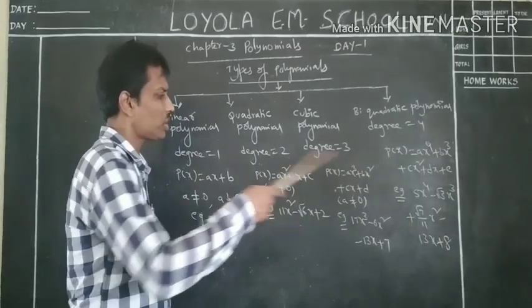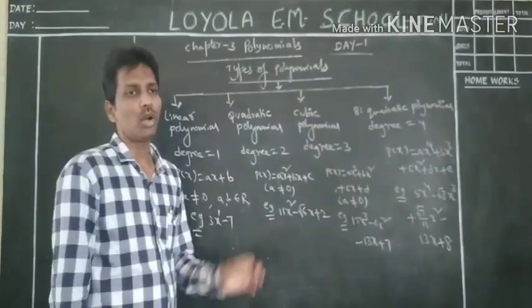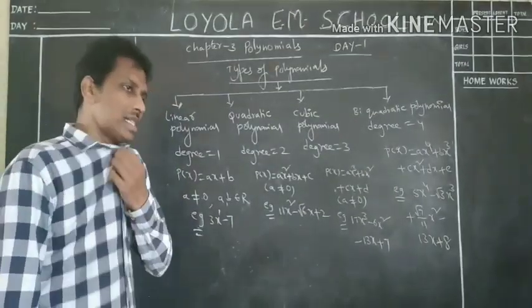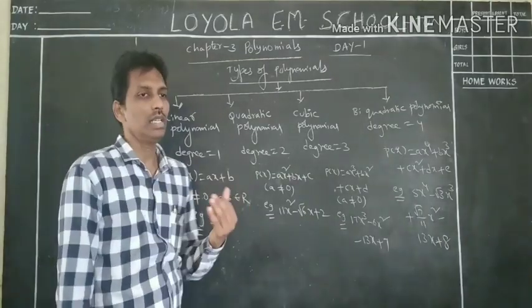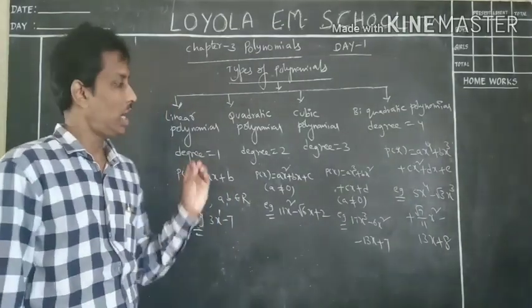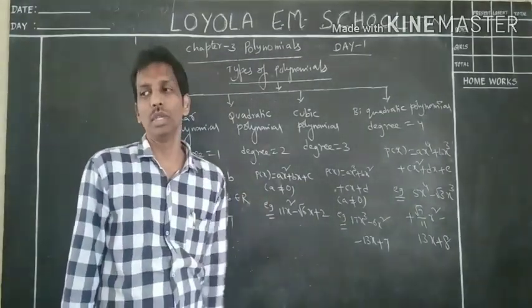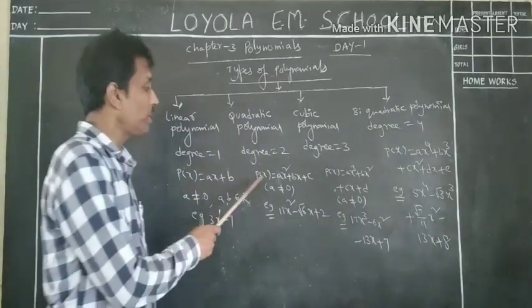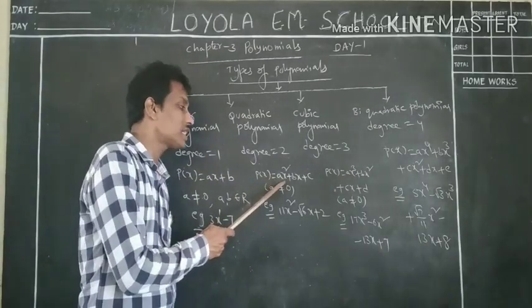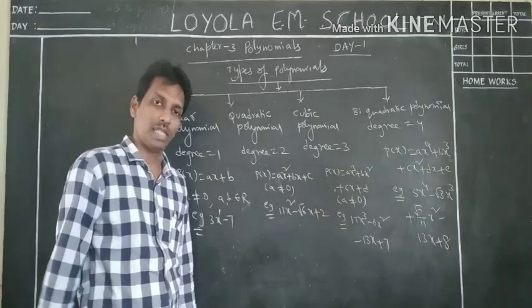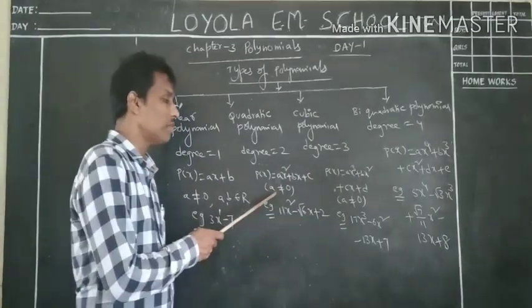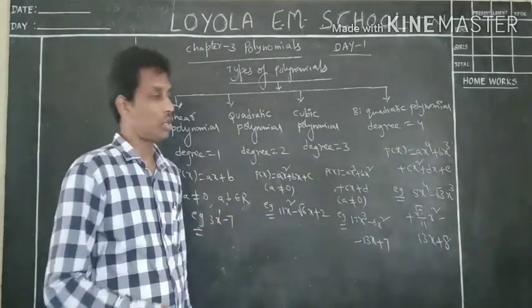Anyway, if you observe this tree diagram, all the polynomials we consider as p of x. Why? Because here we consider the entire terms with one variable, that is x. So p of x is equal to ax square plus bx plus c. Here also a must not be equal to 0. Why?